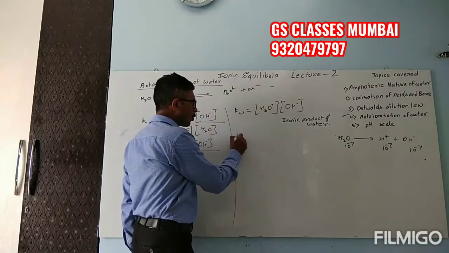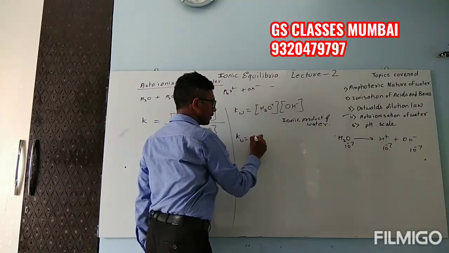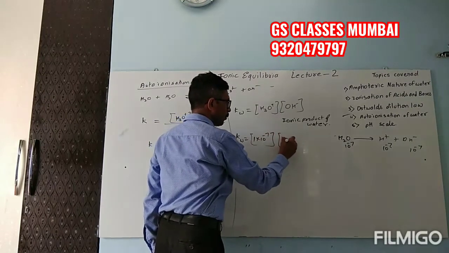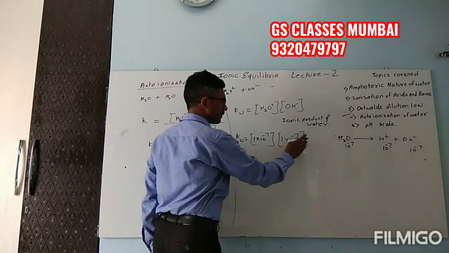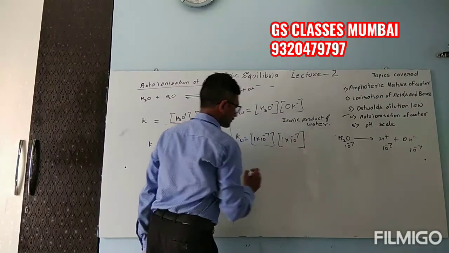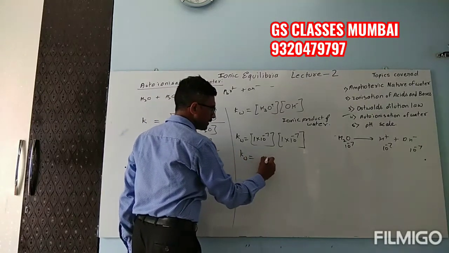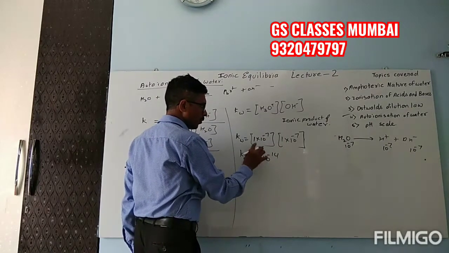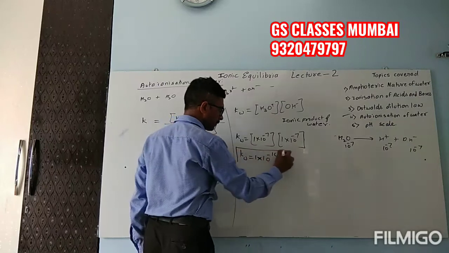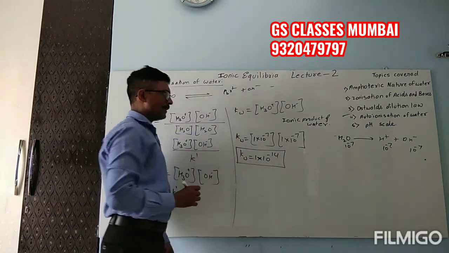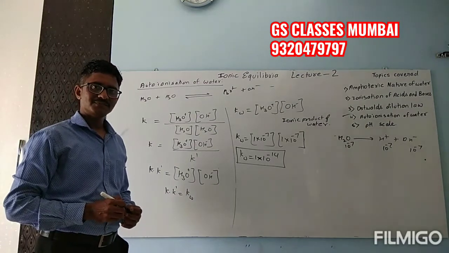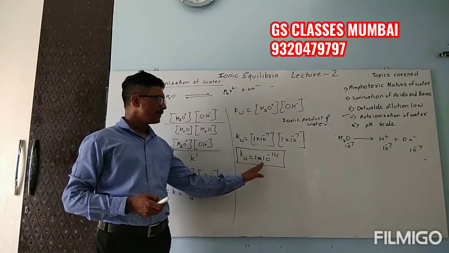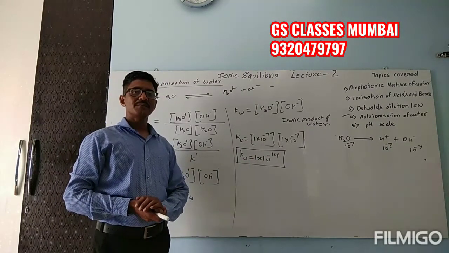So now I will replace those values over here. 1 into 10 to the power minus 7 and 1 into 10 to the power minus 7. Kw is going to be 10 to the power minus 14. 1 into 10 to the power minus 14. This is the numerical value. Kw is now 1 into 10 to the power minus 14.